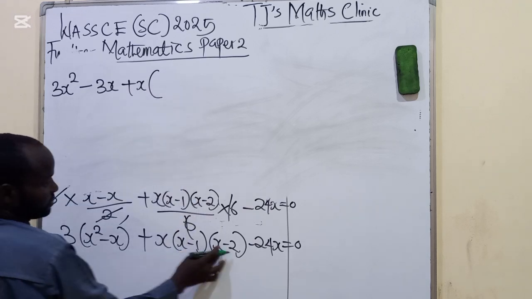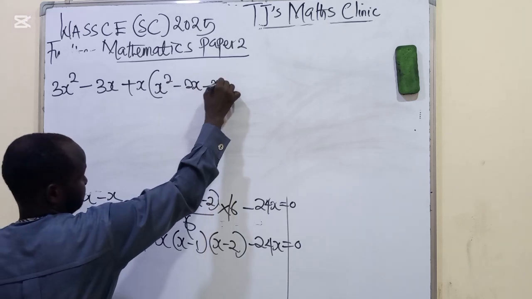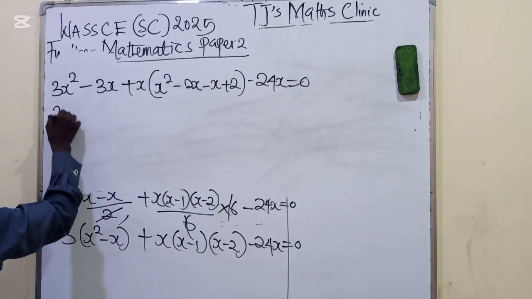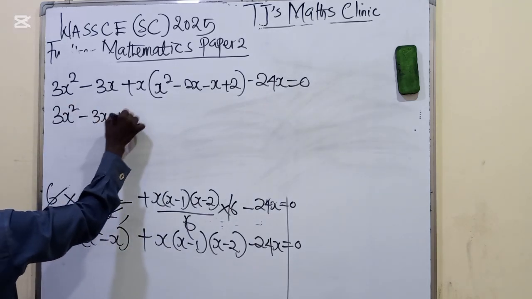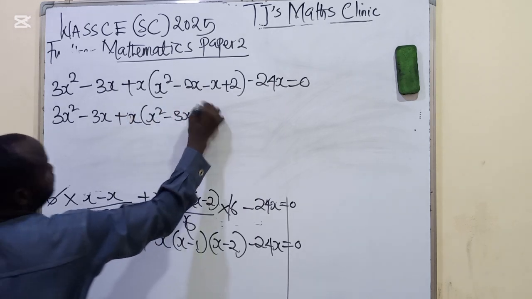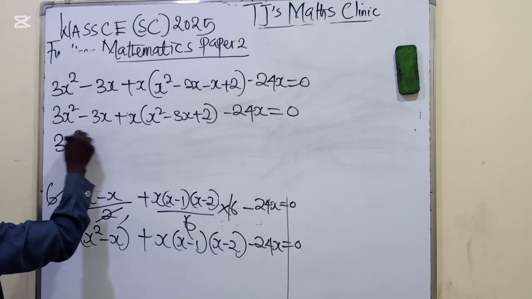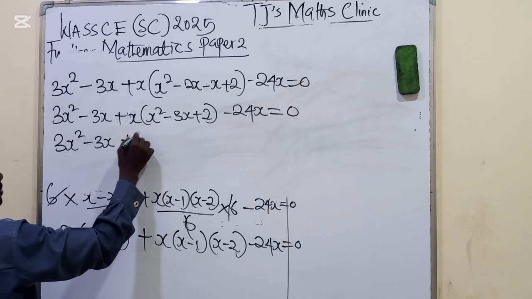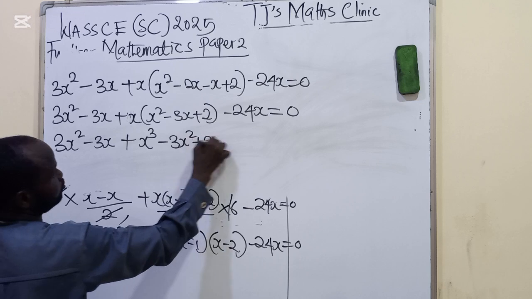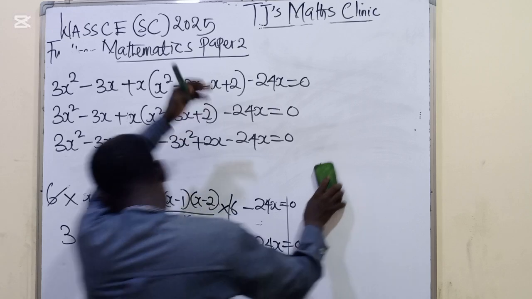Let's expand this: x times x, that's x squared, minus 2x, minus x plus 2, minus 24x equals 0. So 3x squared minus 3x plus x into x squared minus 3x plus 2, minus 24x equals 0. We expand now: that will be x cubed minus 3x squared plus 2x, minus 24x equals 0. Very important.